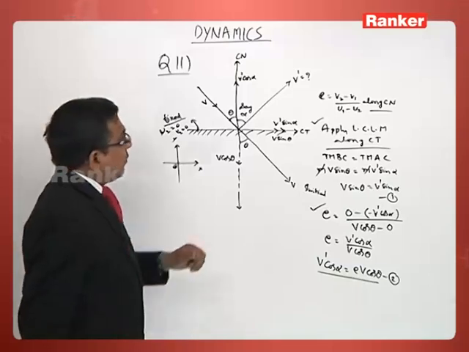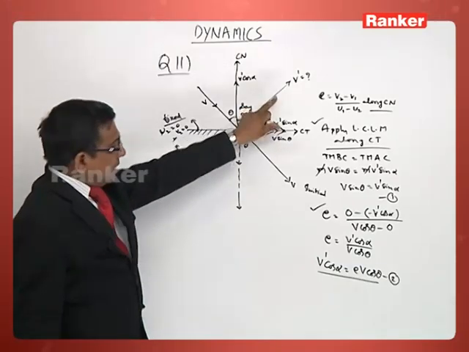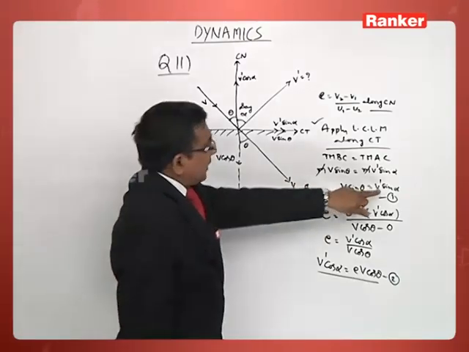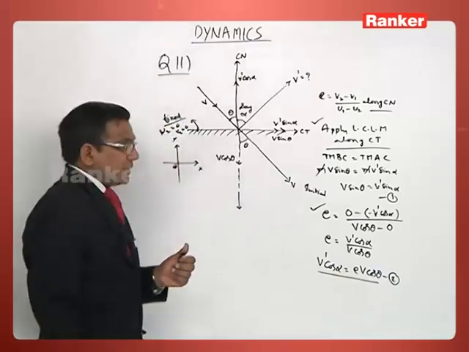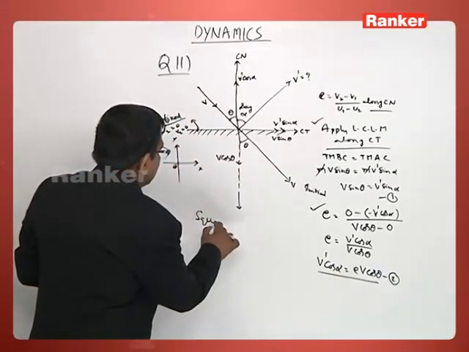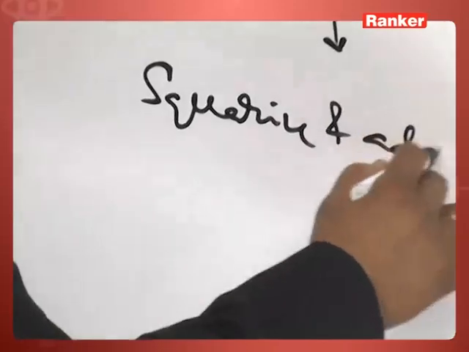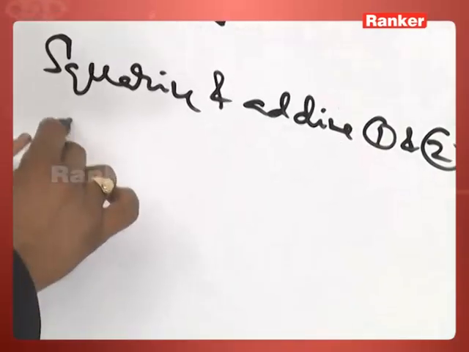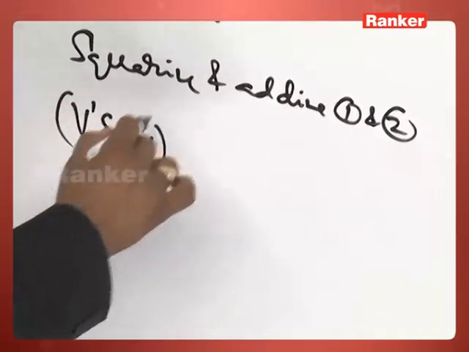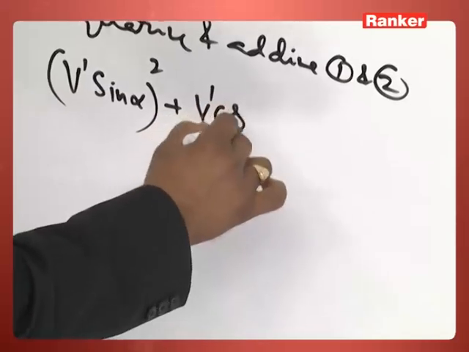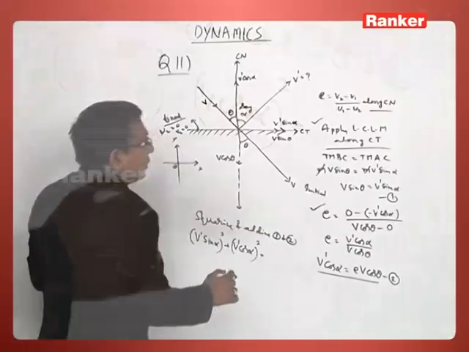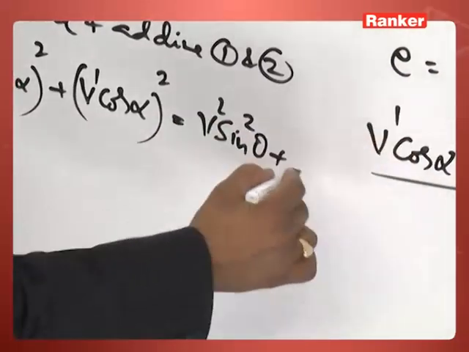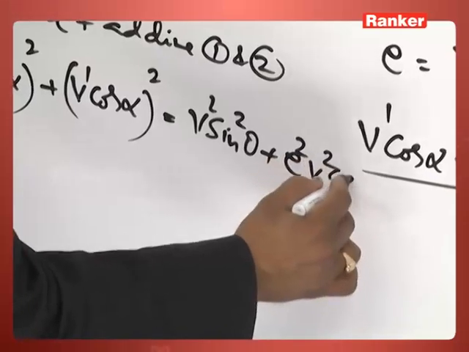Now I want the speed of this ball after reflection, that means I want v prime. If you observe equations 1 and 2, here v prime sin alpha is there, and here v prime cos alpha is there. So squaring and adding 1 and 2, you will get the answer. That is v prime square sin square alpha plus v prime square cos square alpha is equal to v square sin square theta plus e square v square cos square theta.